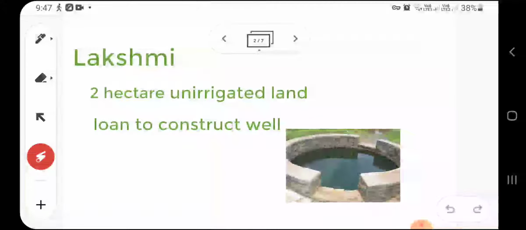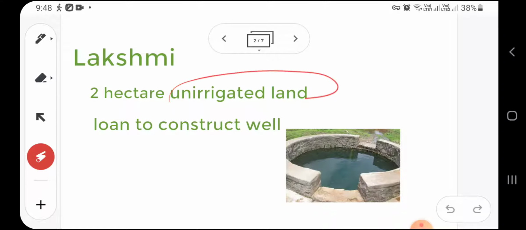Lakshmi, one case study is given in your textbook about Lakshmi. She has 2 hectares of land, but it is unirrigated land. It means that land doesn't have a water facility. So for the cultivation of that land she depends on rain.